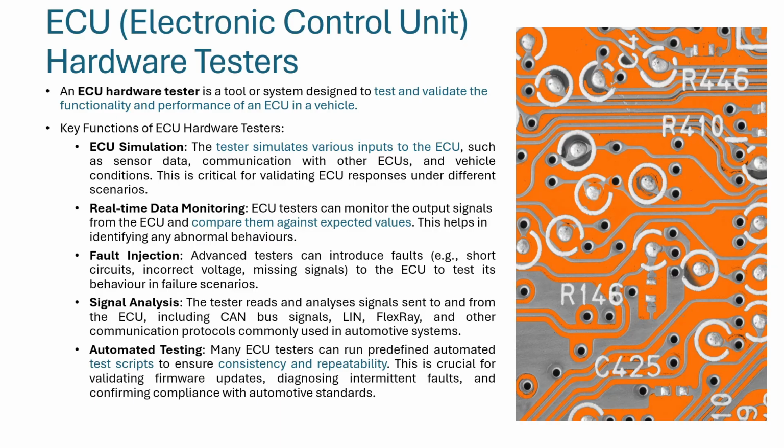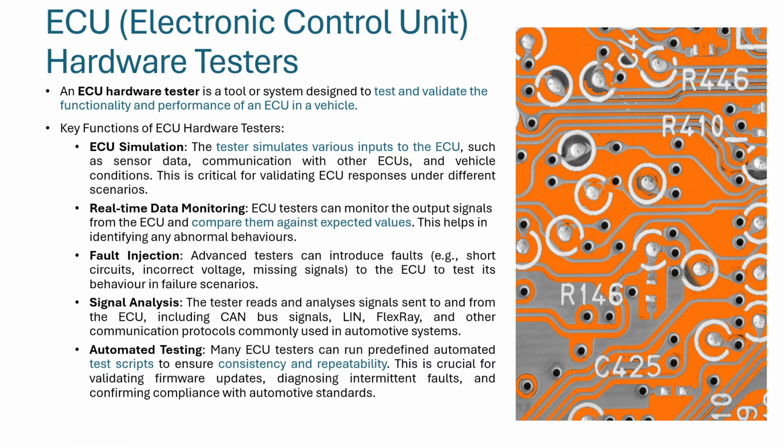Automated testing capability. Some advanced ECU testers can run a predefined automated test script. It is a software program to test various scenarios and ensure the consistency and repeatability of the testing. So the testing you are carrying out and the test outcome should be consistent and repeatable.